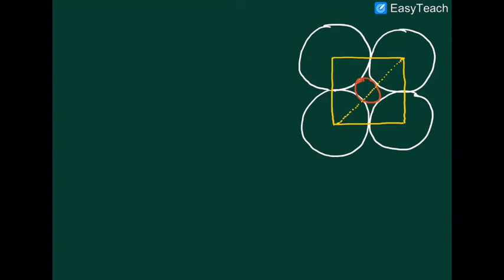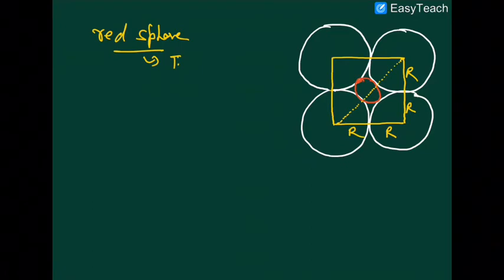So it is the edge of the cube, or you can say R, that is also R. And you can see there is a red sphere. That red sphere represents the octahedral void.